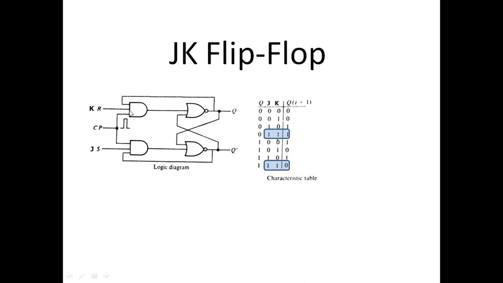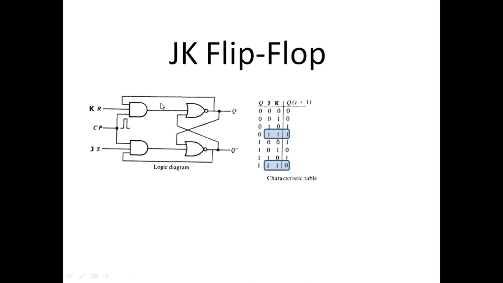So all of the inputs of these gates are 1 except this input, which is 0, because the current state Q is 0. All other inputs are 1, so we get 0 here and we get 1 here.